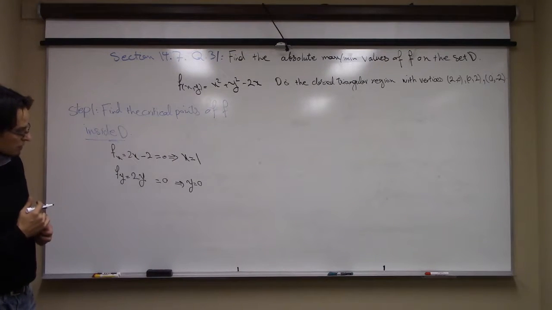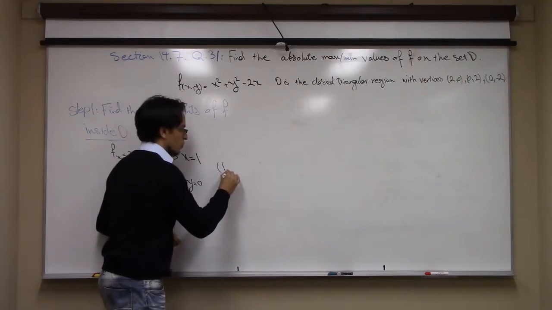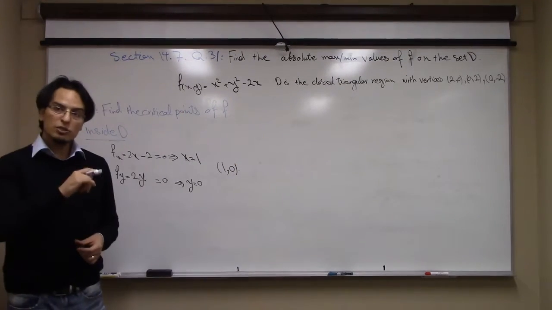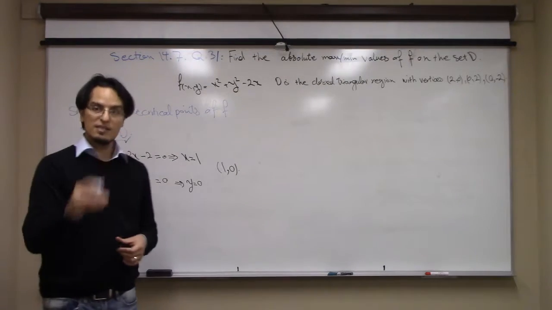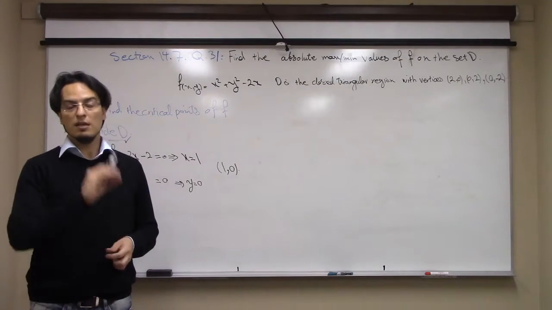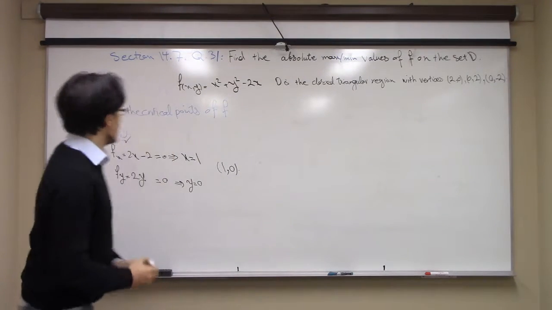So the critical point of the function itself is (1, 0). We are going to come back later to this point to check if (1, 0) is inside the region or not. Okay, but then what else?